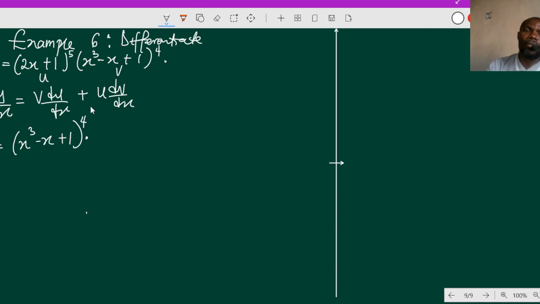If you differentiate u, we further write the power 5, you write the question to have 2x plus 1, and 5 minus 1 gives you 4. The derivative of 2x plus 1 will give you 2. Then you say plus.